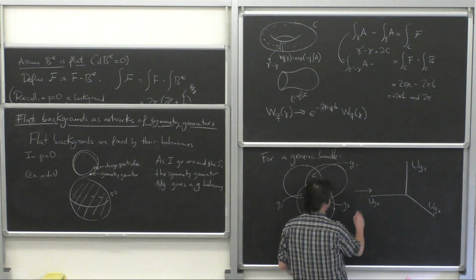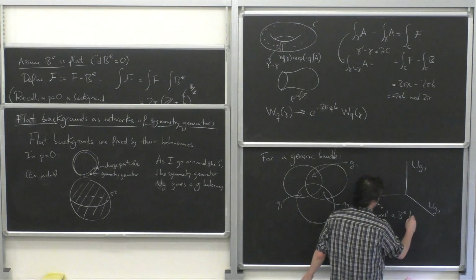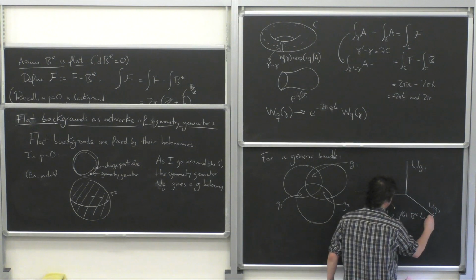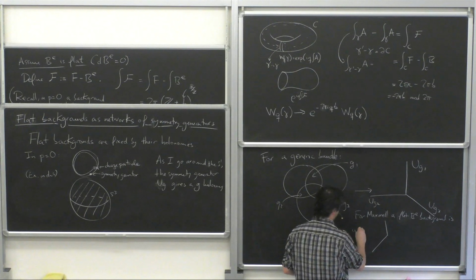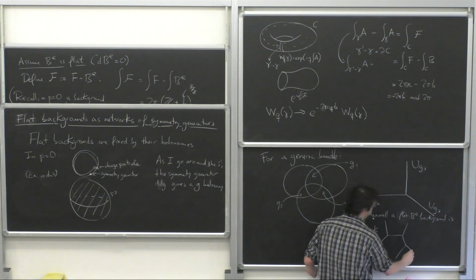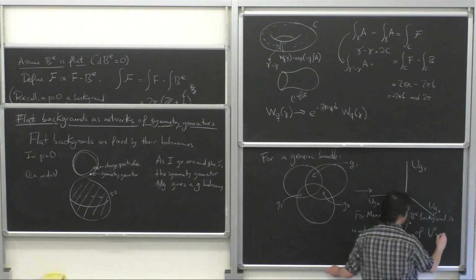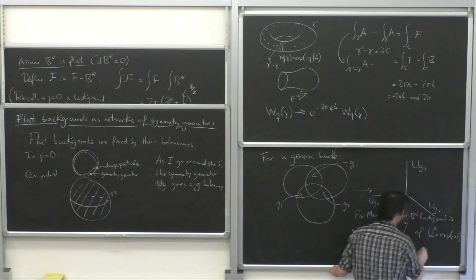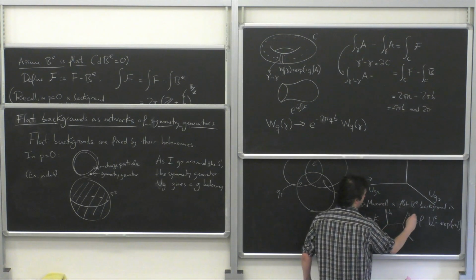So for example, for Maxwell, a B background, then a flat B background is a network, so something like this, maybe, of UE, so that's exponential of some alpha star F, symmetry generators. So there'll be U alpha 1, U alpha 2, and so on.